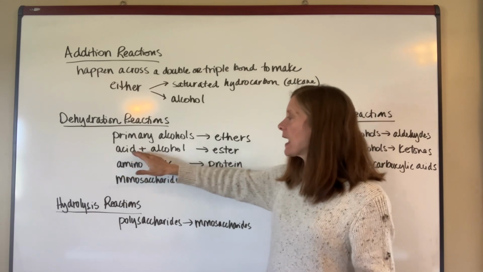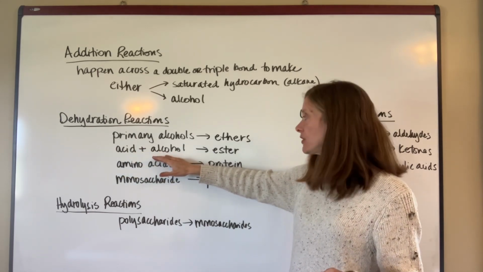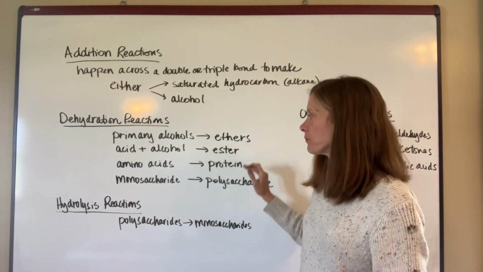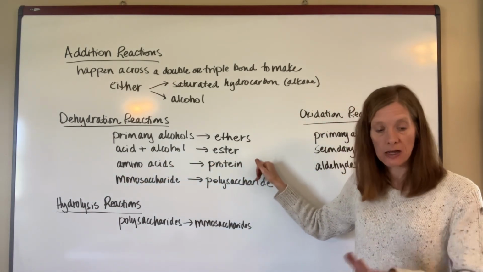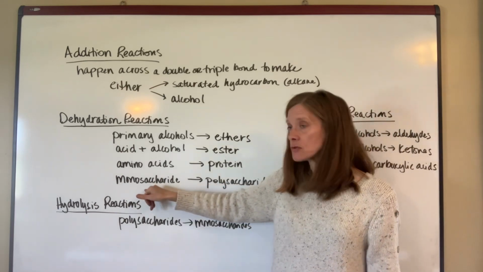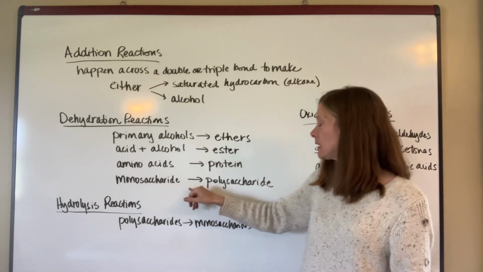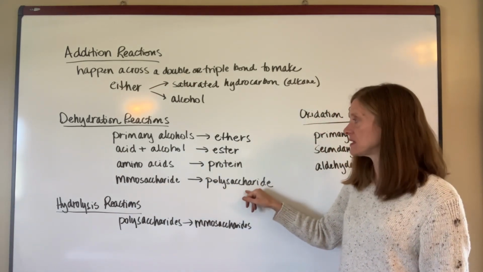An acid and an alcohol are going to dehydrate to make an ester. Amino acids dehydrate to make proteins, and as you read today in your book, monosaccharides are going to dehydrate and link up to form polysaccharides.